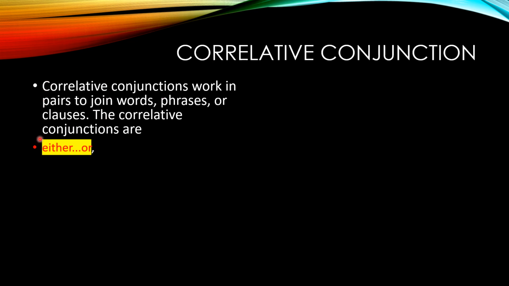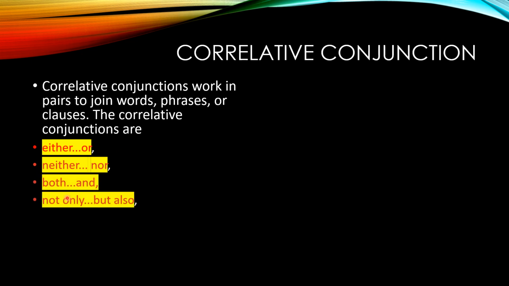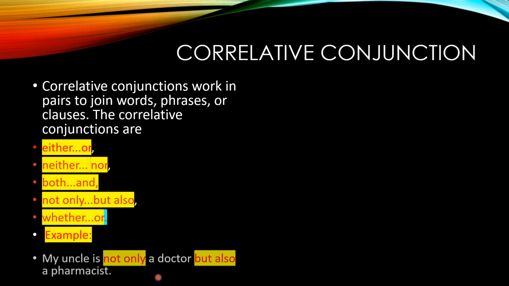So in each and every example sentence, you have to use these two words in pairs, either and or. We will discuss more examples on these conjunctions. The second pair is neither and nor, then both and. Then we have not only but also. These are also used as pairs. Whether and or. So let's talk about an example.